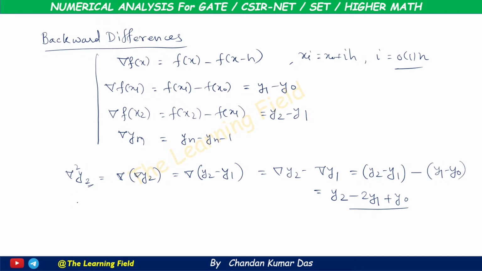And delta cube y equals delta square y2; we can also calculate delta square y3 equal to something. You can calculate in this way.